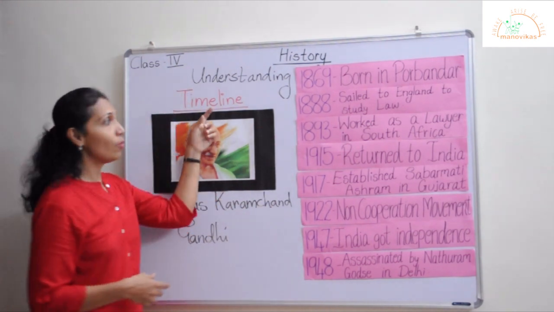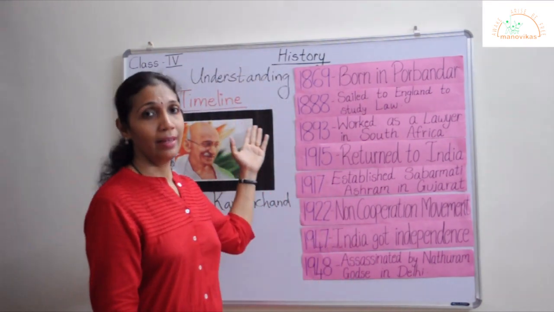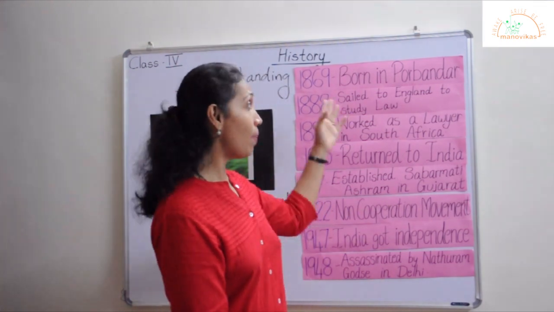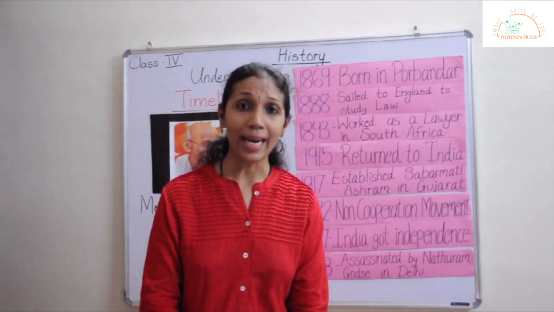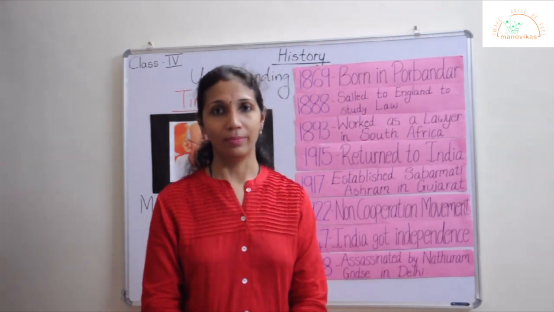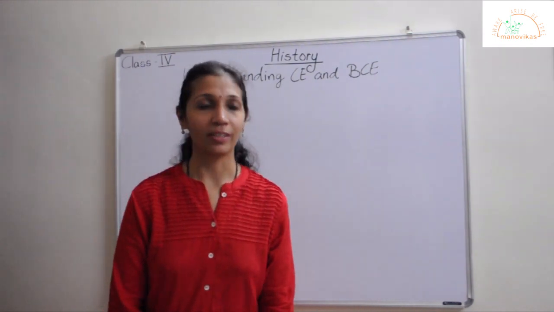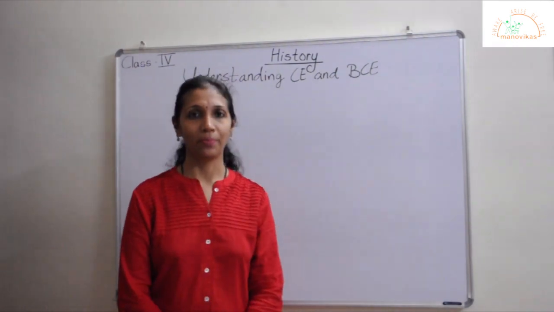So now tell me, what is the timeline? So what is a timeline? A timeline arranges the various events of the past in a correct order according to the dates in which they occurred. Years are written with letters or abbreviations CE and BCE after them.